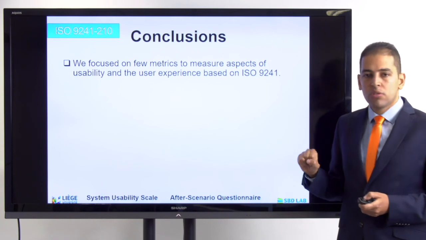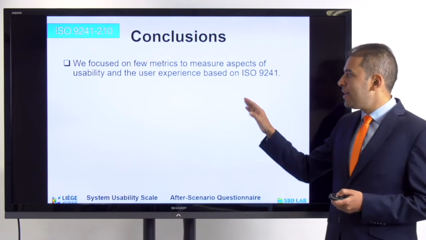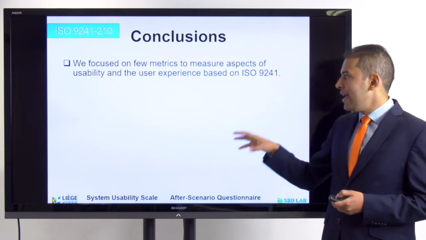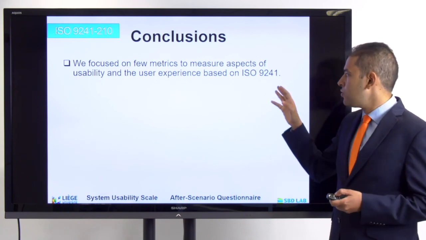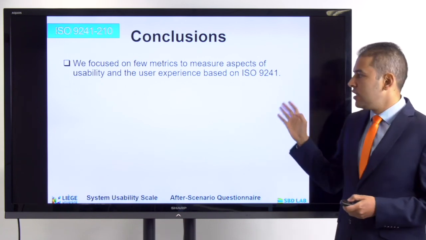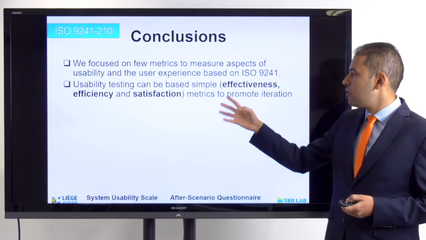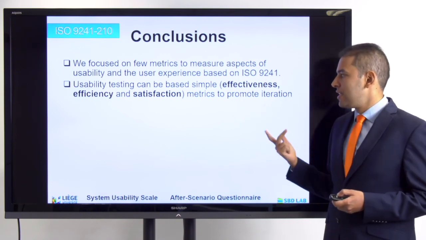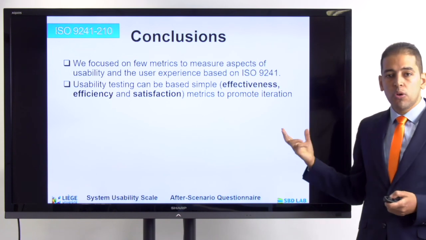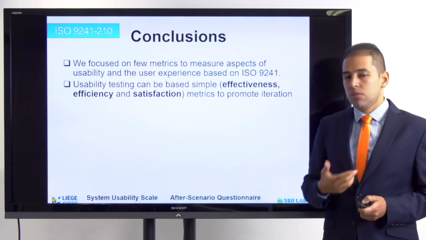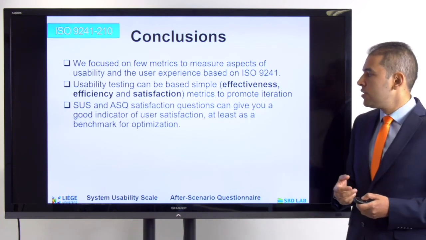Some recommendations and conclusions. We focused on a few metrics to measure aspects of usability and the user experience based on ISO 9241. This technique is very simple to use. It can be based on simple effectiveness, efficiency, and satisfaction metrics to promote iteration and make it easy. It will not take a lot of time to do it.